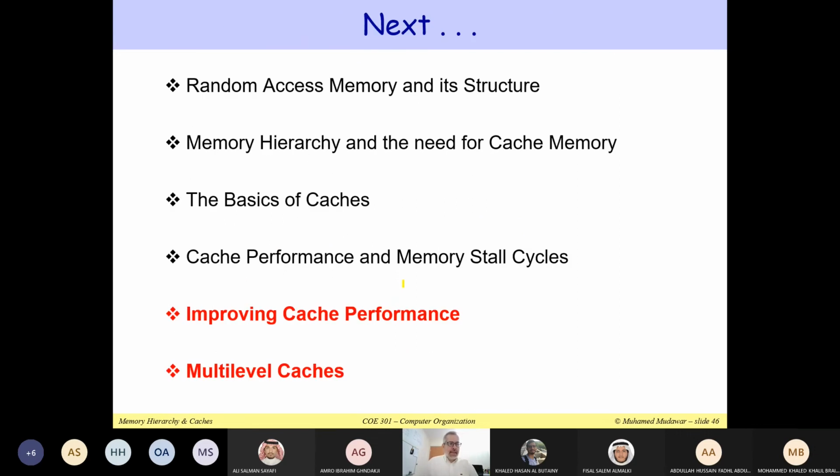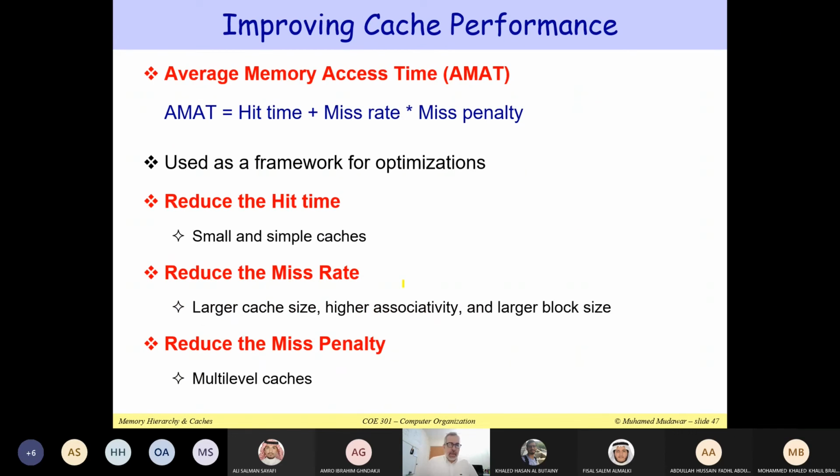Now, next, I need to talk about how we can improve the cache performance. This is more like a description. Briefly, maybe if I have time, I'll introduce multiple levels of caches. Let us go back to this equation, average memory access time. It has hit time, it has miss rate, it has miss penalty.